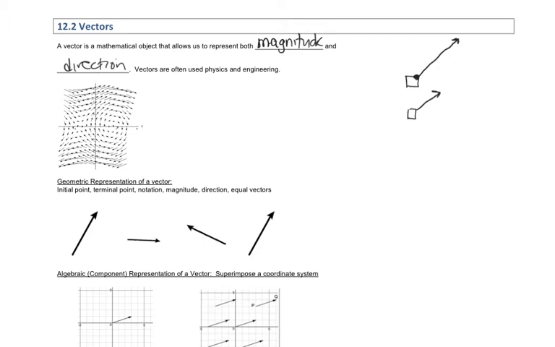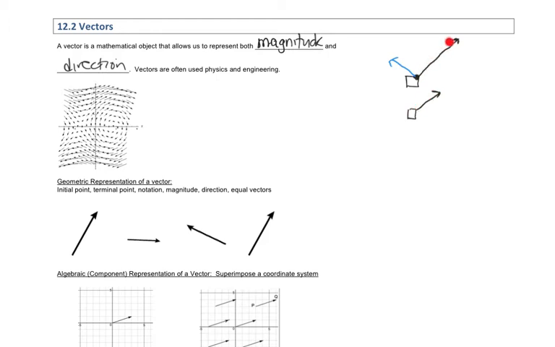Direction being, are we pulling it up? Are we pulling it this way? So for magnitude, we're going to express the magnitude by how long the vector is. We're going to draw a directed line segment, an arrow if you will, but a directed line segment, and we're going to have its relative length correspond to that relative force.